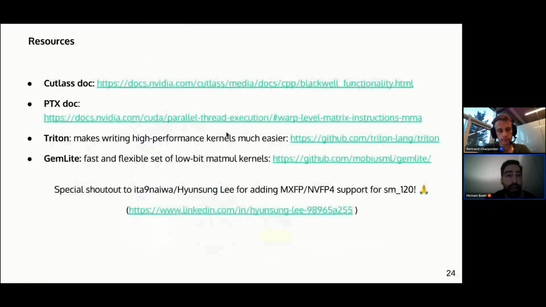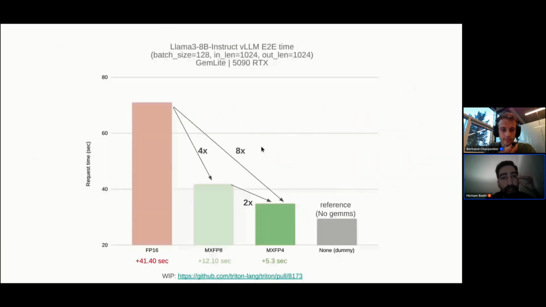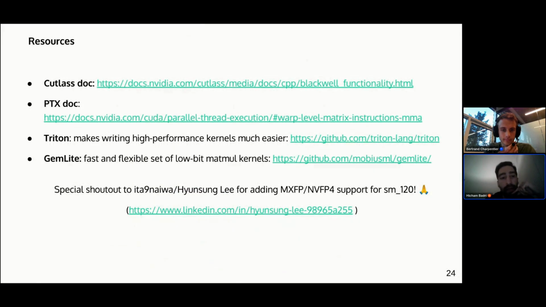All right, and I put some resources here. Cutlass's doc is really great, with really detailed instructions, and the PTX doc if you want to really go crazy and understand exactly how MMA works. Obviously Triton, where you can find some examples. All the kernels that I used in these benchmarks are available in Gemlite.